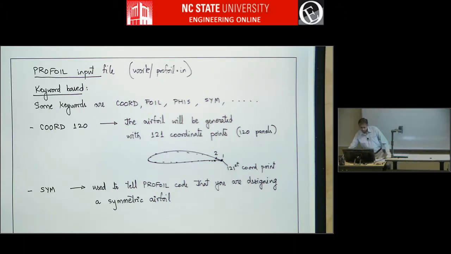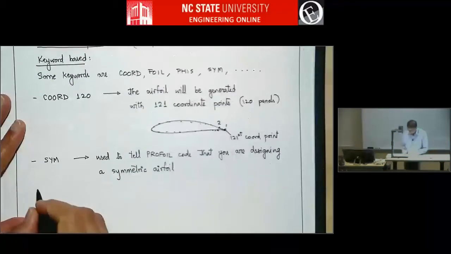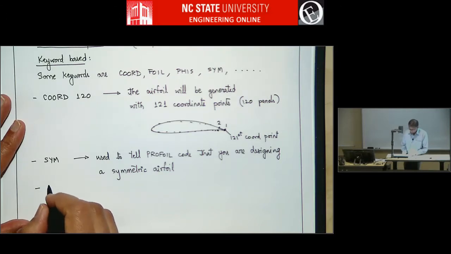And that will look like this. So in the symmetric airfoil demo that we'll be looking at soon, you have this line. And then you have these lines, which are the ones you will actually work with.